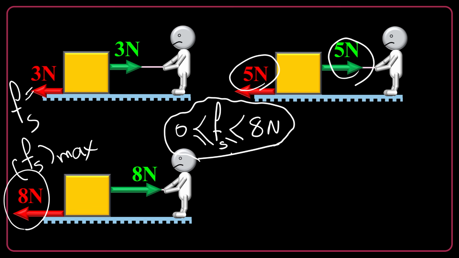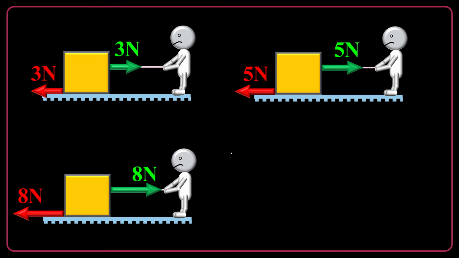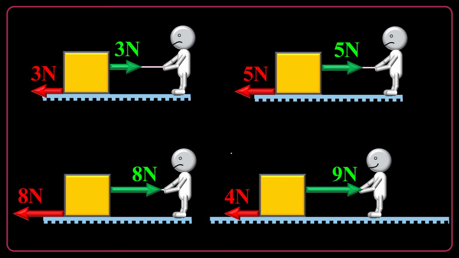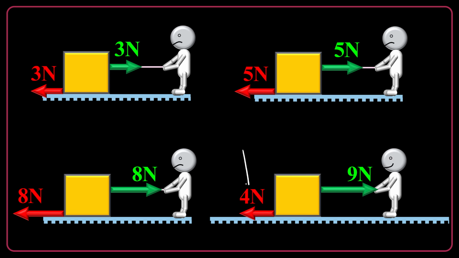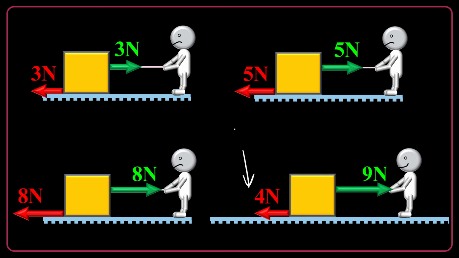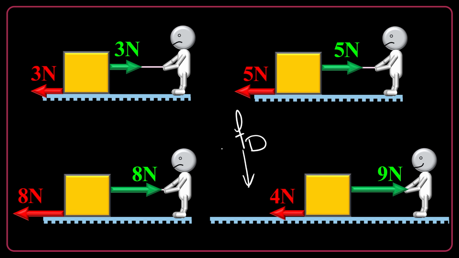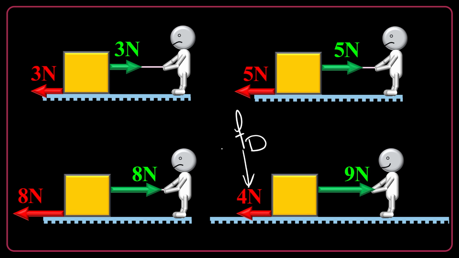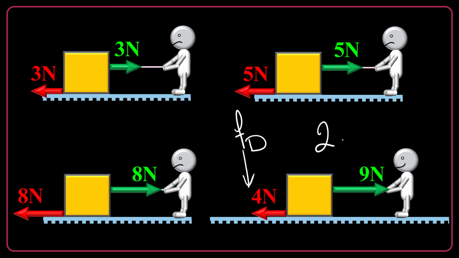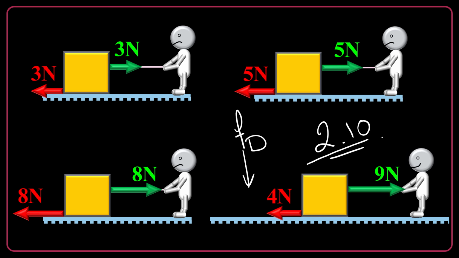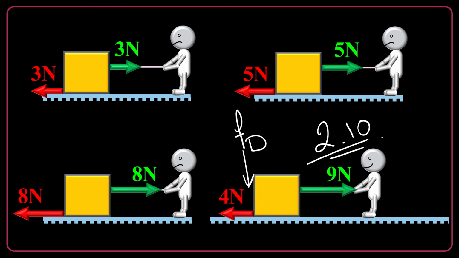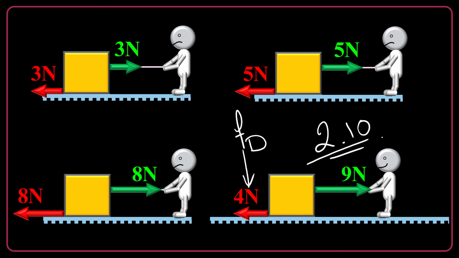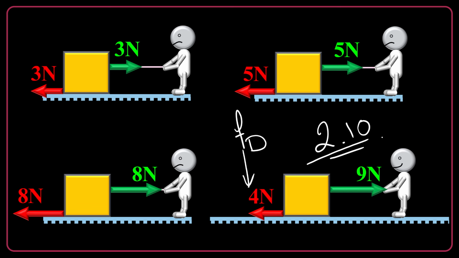In the previous video I explained everything about dynamic friction. It's going to be dynamic friction, and it's not a friction like Fs anymore. So this 4 newtons is just an example. Dynamic friction is something that you already learned in the previous video, I mean in video 2.10, dynamic friction. Exactly the previous video I already recorded. Anyway, so you learned it.